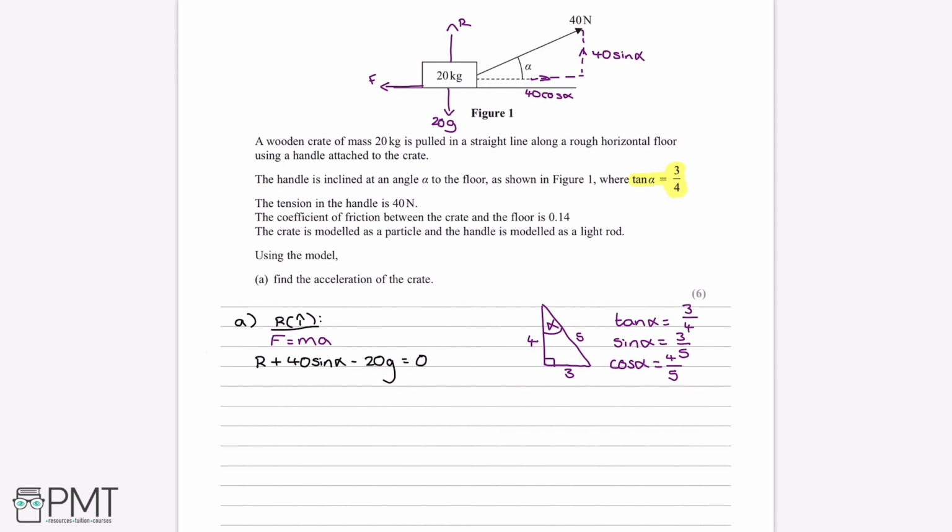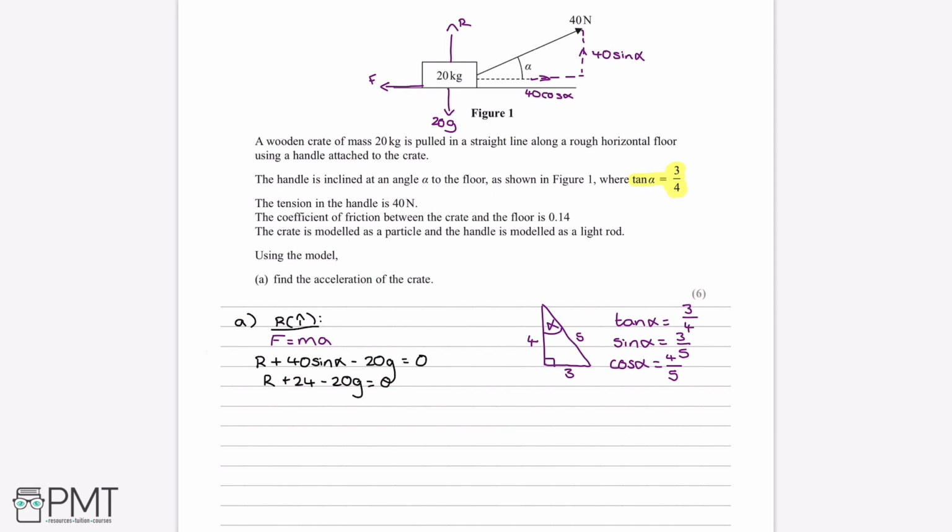So now we have values for all of these. We can substitute in to this equation where we have 40 sine alpha. We can substitute in that sine alpha is equal to 3 over 5. And then, if we were to do this, we'd end up with R plus 24 take away 20g is equal to 0.